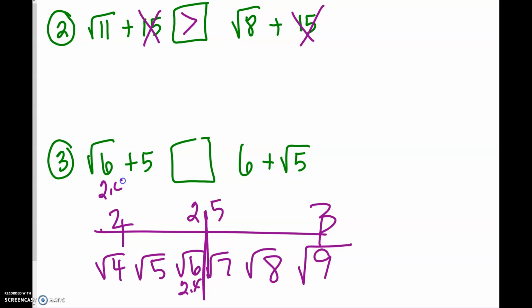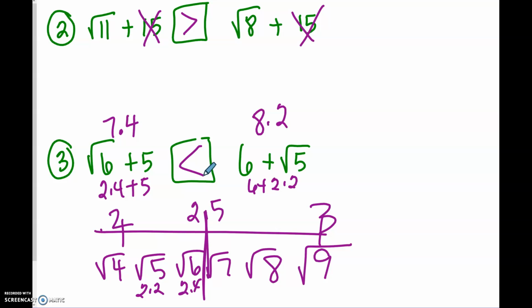So 2.4 plus 5, what is that going to give us? 4, 5, 6, 7. So we have 7.4. And the square root of 5, that's going to be even smaller than that. So we're going to say this is about 2.2. So if we take 6 plus 2.2, looks like we're going to have 8.2. So we are going to have this symbol of greater than.